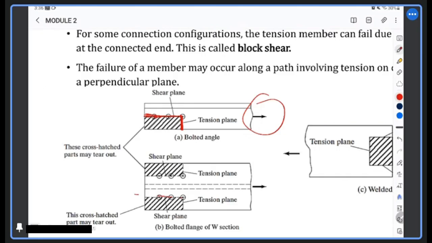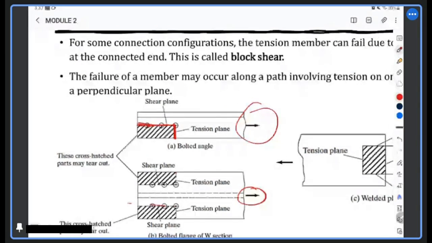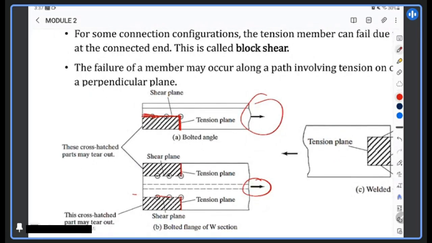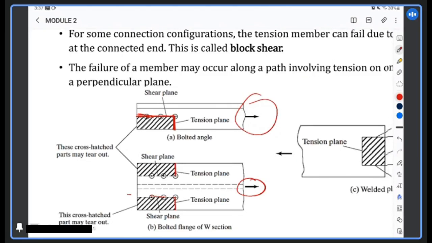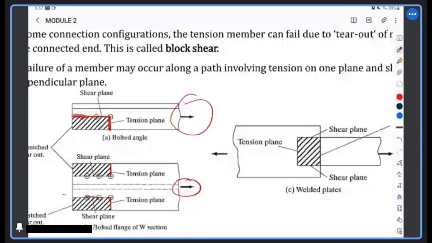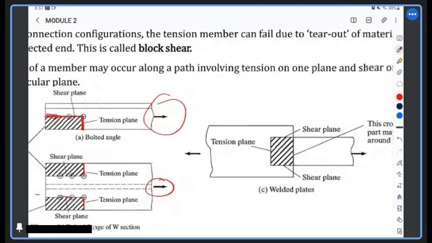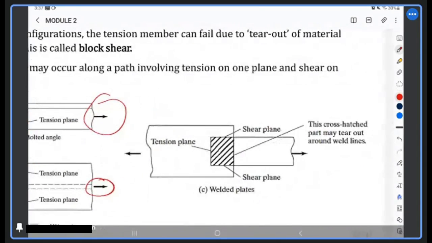So again, of course, that part which is perpendicular to the applied load would be in tension. Okay, and parallel to that would be in shear. Okay, so that's the possible rupture.